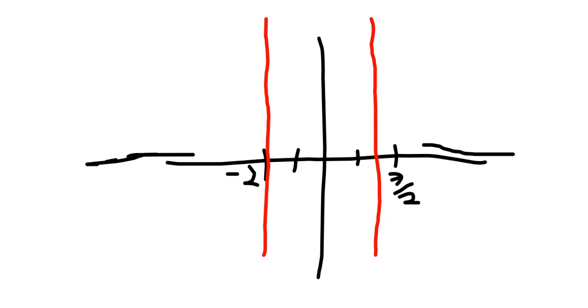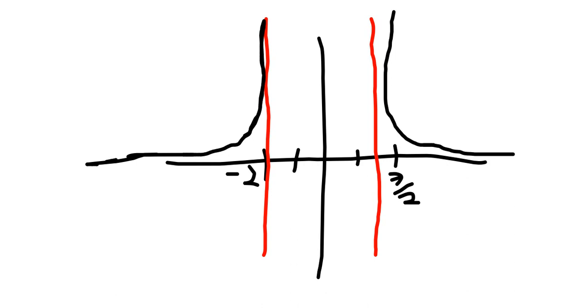How about as x approaches the asymptote? As x approaches 3 over 2 from the right, if you plug in values just slightly bigger than 3 over 2, you're going to see this. And as you plug in values slightly less than negative 2, so as we approach negative 2 from the left, you're also going to see that it goes towards positive infinity.